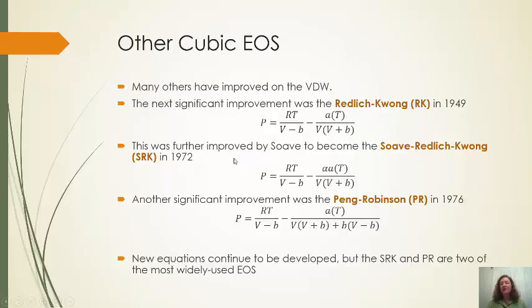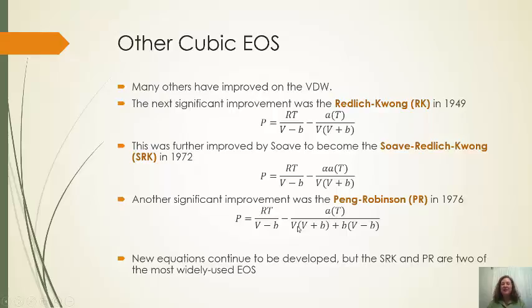In 1972, Soave improved upon the Redlich-Kwong equation and came up with this, and he said, well, there is a component here, but there's also another parameter, and that does make the equation work a lot better. At roughly the same time, Peng and Robinson developed this equation, which is somewhat more complicated. The first term looks the same.